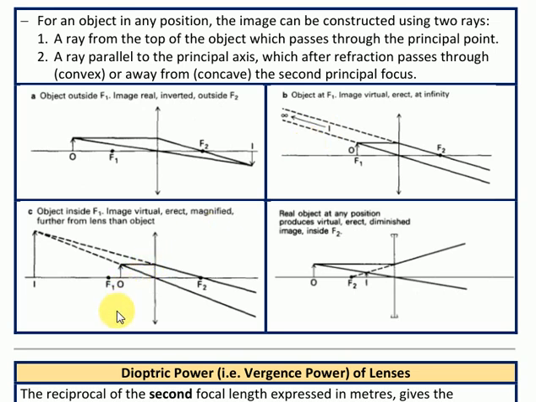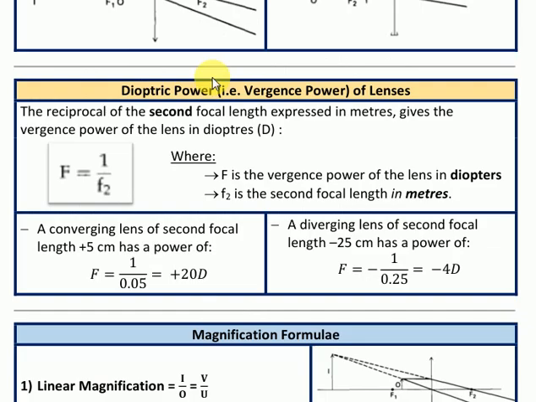Third case, when the object is inside the first principal focus, the image will be virtual, erect, magnified, further from the lens than the object. In case of thin concave lens, real objects at any position produce a virtual, erect, and diminished image inside f2. Dioptric power of lenses, also known as the vergence power.